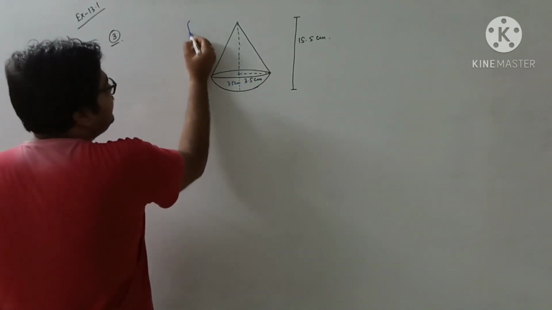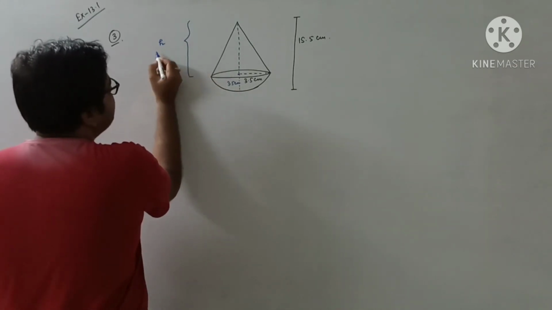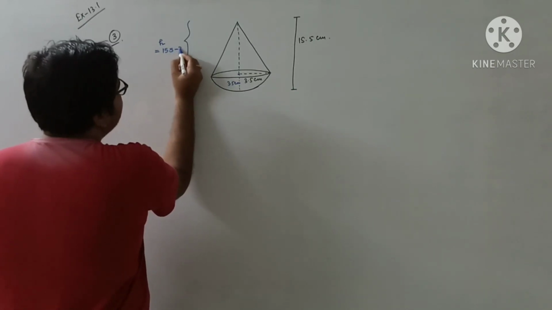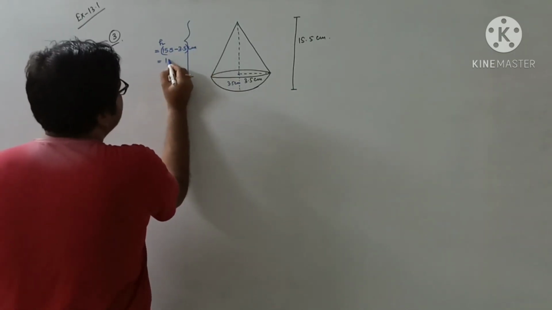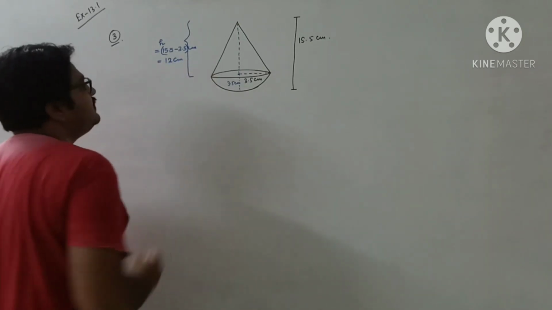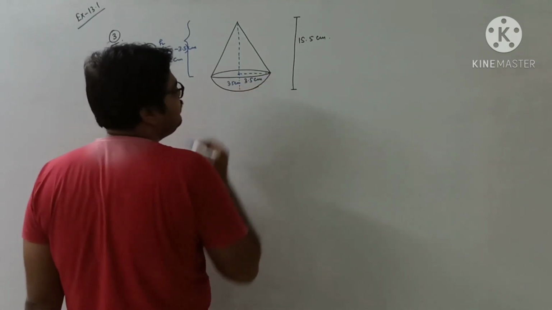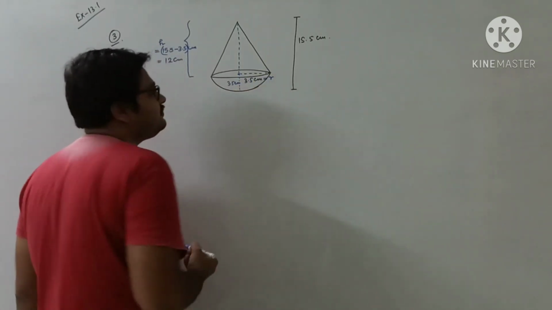So what will be the height of this conical part? We note it as h. So h equals 15.5 minus 3.5, this much centimeter. So it's coming 12 centimeter. So I got the height as 12 centimeter and the radius as 3.5 centimeter, denoted as r.